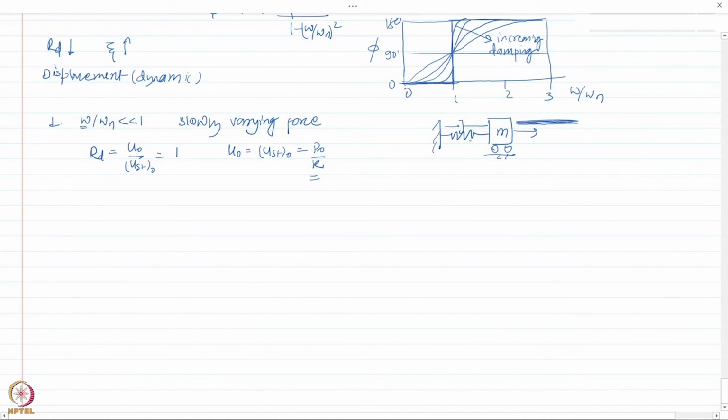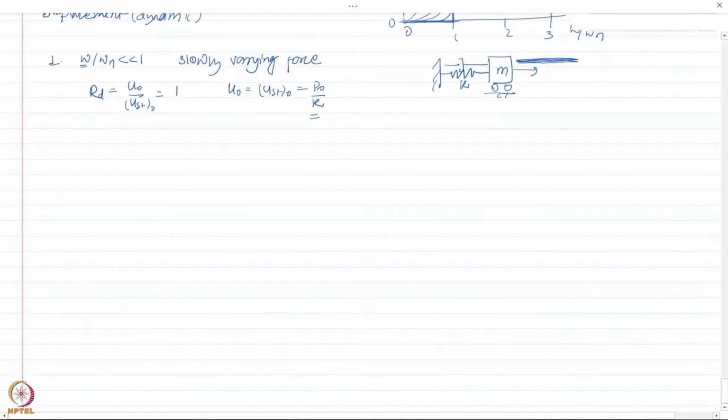The dynamic displacement would effectively be equal to static displacement, and it is determined by the stiffness of the system here. Damping does not play a role here, so the response is not affected by the damping. All right. Now let us consider the second extreme case, or before going to that, let us consider phi here. What happens to the phase angle? Now, can you imagine if you apply the load very, very slowly here?